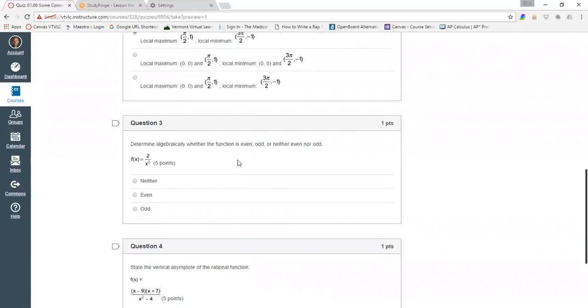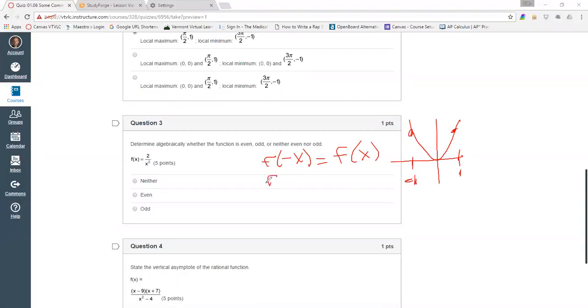Determine algebraically whether this function is even, odd, or neither. What you've got to remember there is that if the function's even, if I substitute in a negative x, I get the same function back out, like x squared, right? That's an even function because if x equals 1, y is 1. If x equals negative 1, y is also 1. So that's an even function.